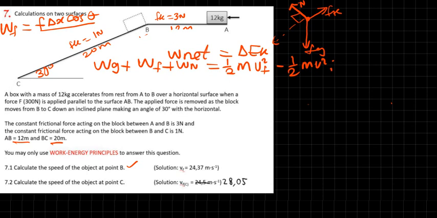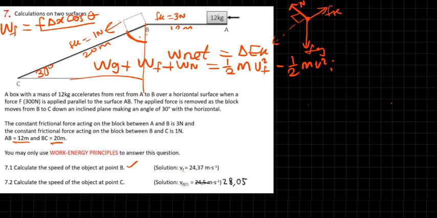Now as the object goes down the slope, gravity always goes down. This is the direction of motion down the slope, and the gravity goes down.